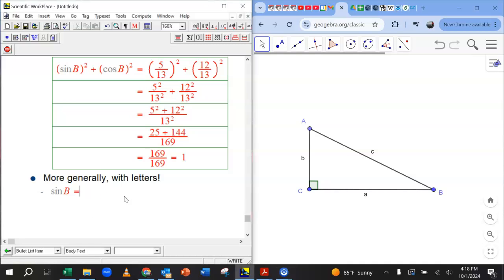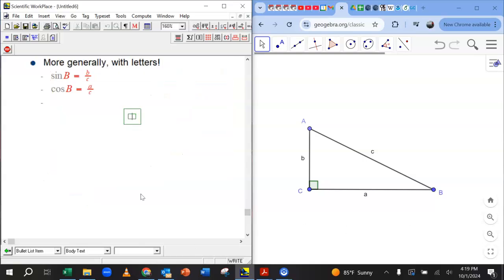So in terms of that, sine of angle B is b over c. Cosine of angle B is a over c, exactly the same, just turning those numbers into letters.